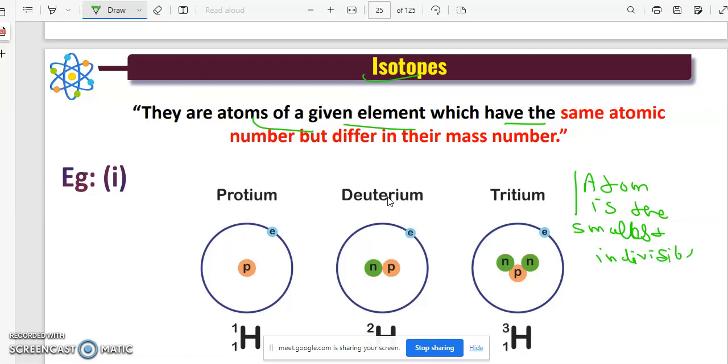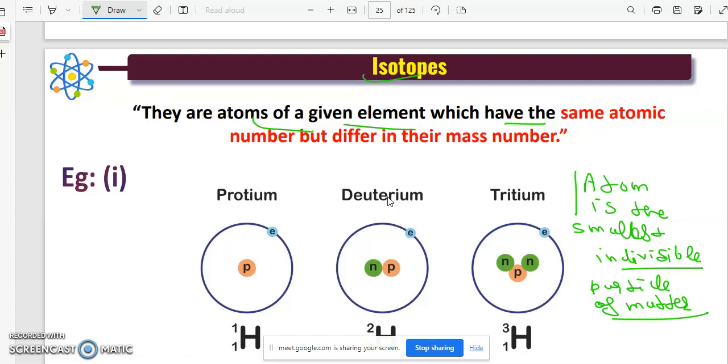It means it cannot be divided further into other units. Why? Because it is the smallest indivisible particle of matter. And what is matter? Anything that occupies space and has a mass, we call it matter.